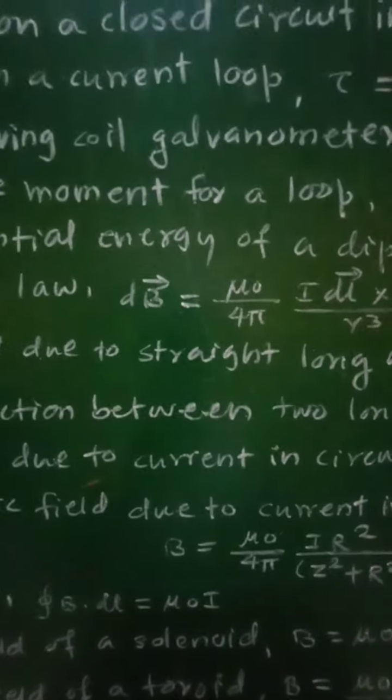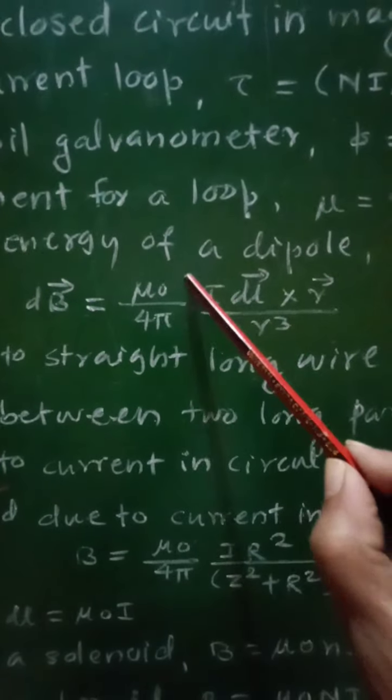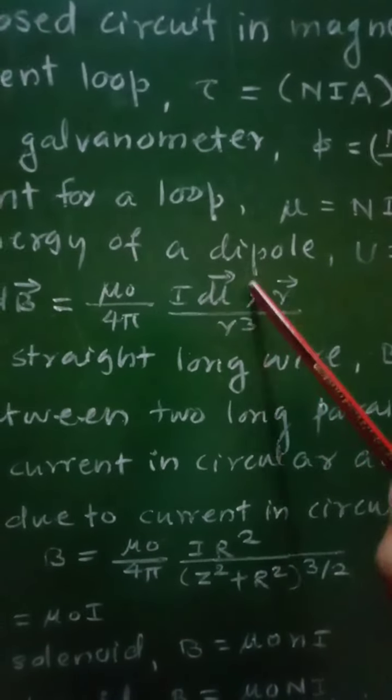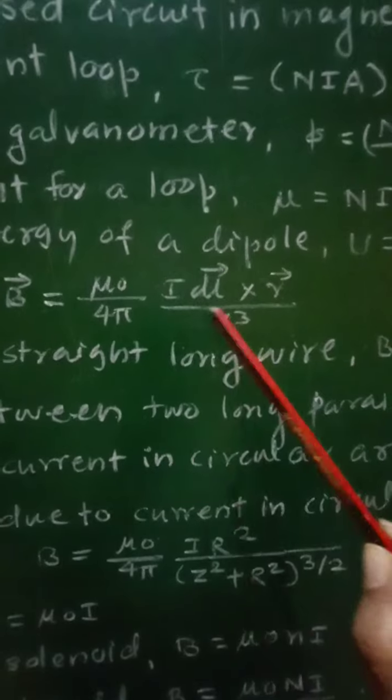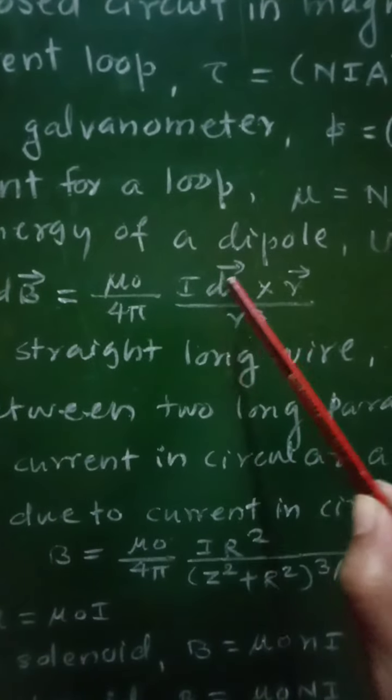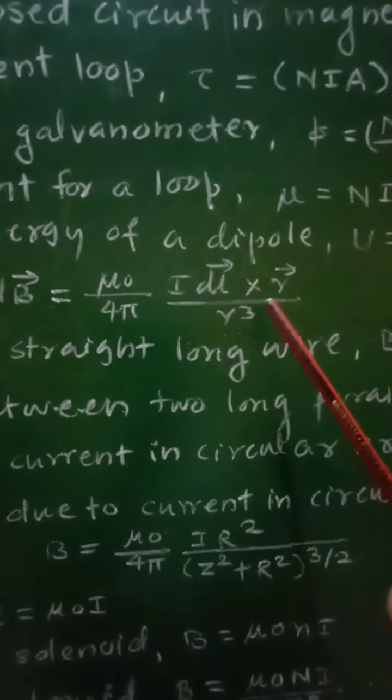Sometimes it will be given as mu 0 upon 4 pi I dl sin theta upon r square.